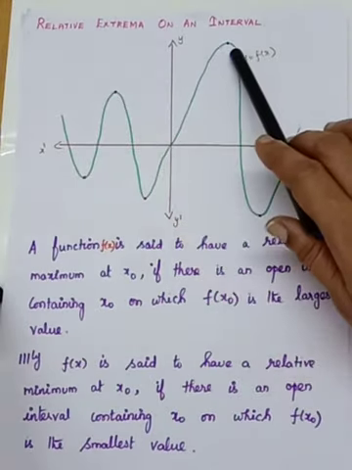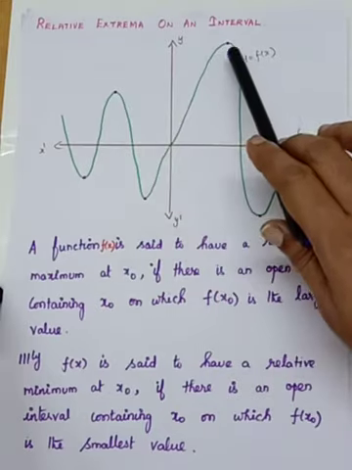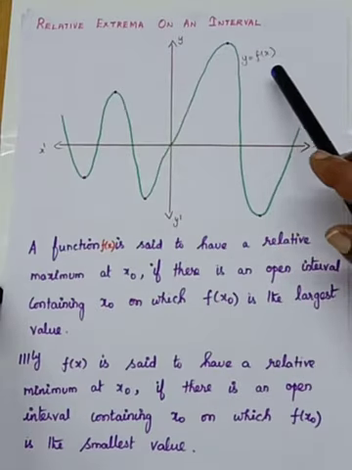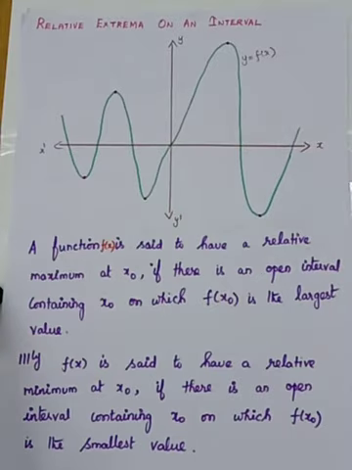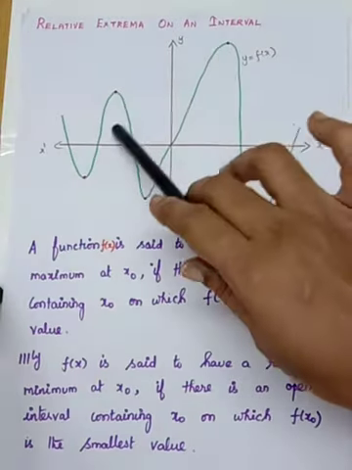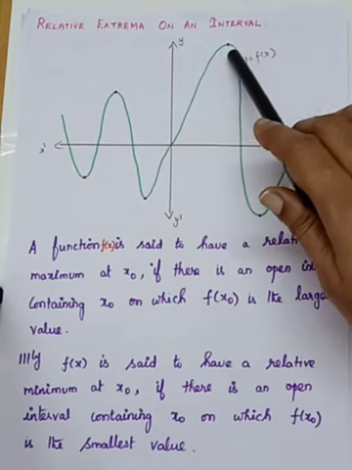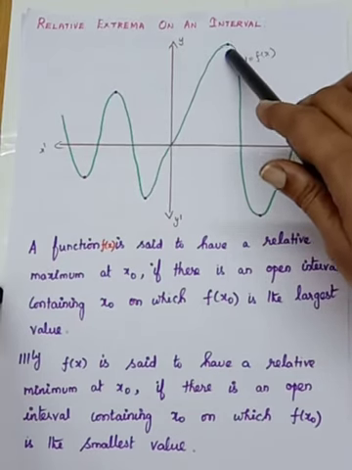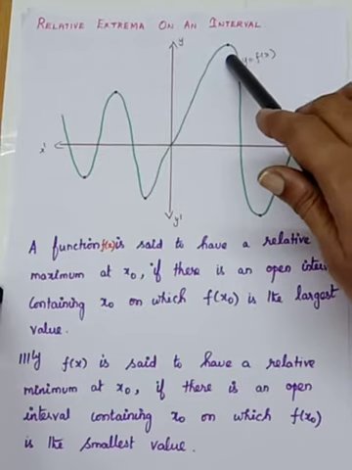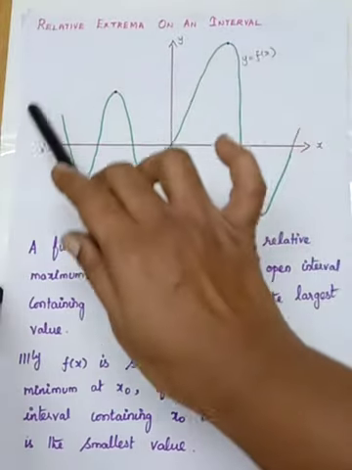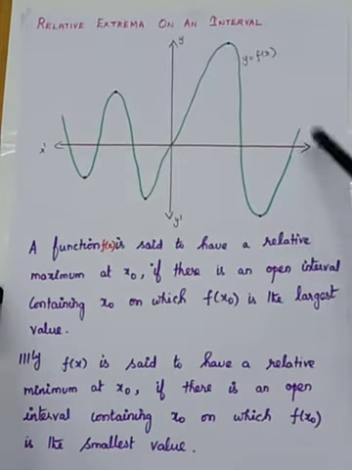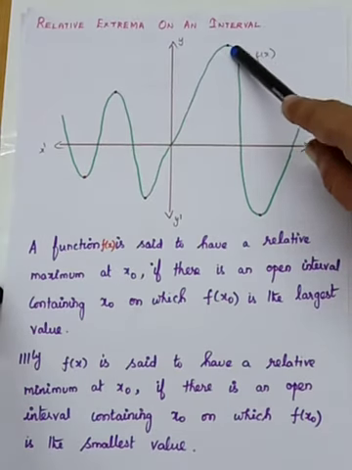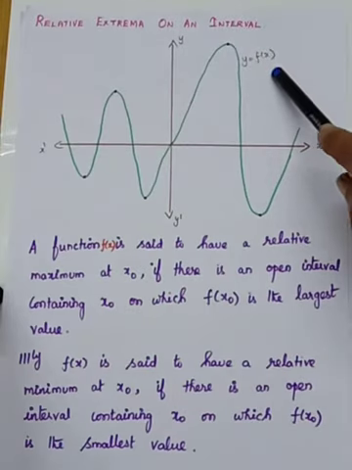These are points at which the function attains maximum. Among these 2 maximum points, this point is the largest one, it has the highest value. Your f of x has the highest value in the entire domain, so this is the absolute maximum value for the function.